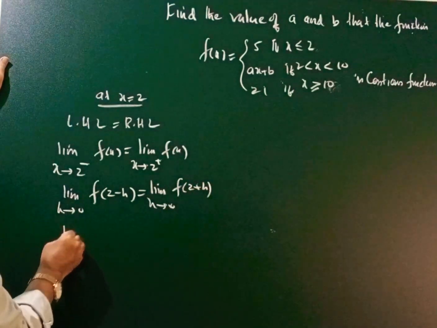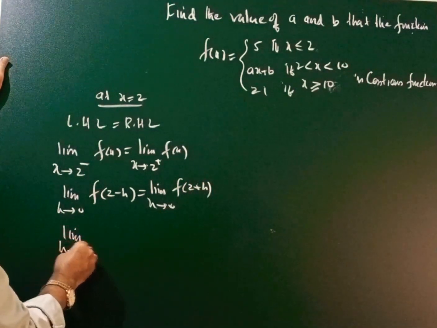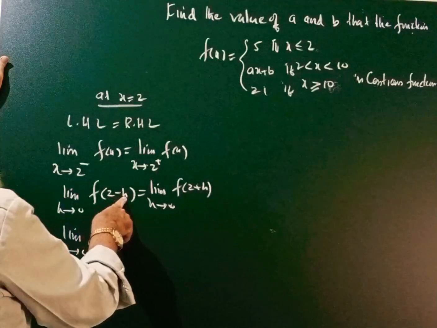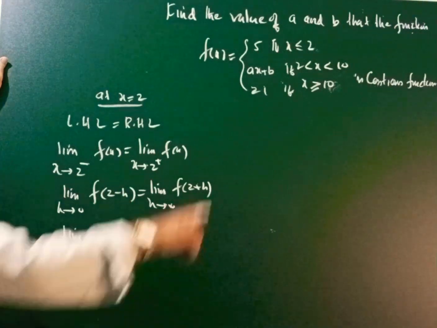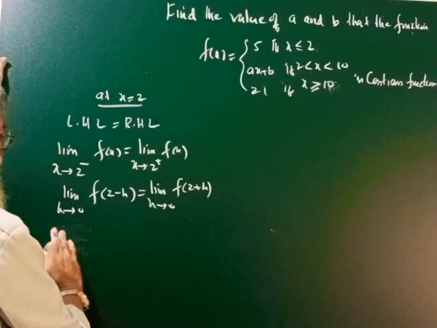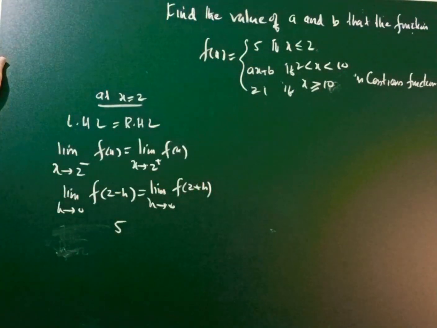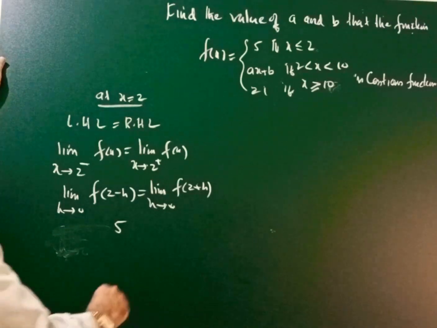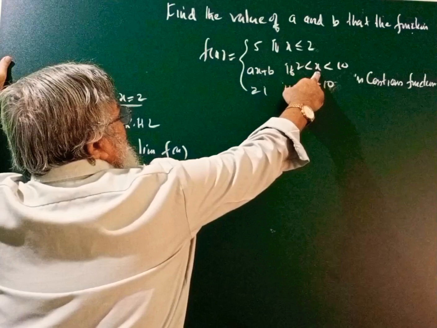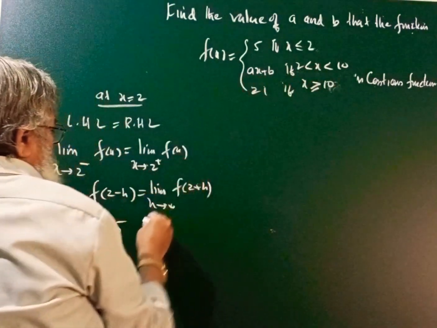Now we can write this as limit h tends to 0, 2 minus h is less than 2, so the first condition applies, and the direct value given is 5, because for x less than or equal to 2, 5 is the value given. Now for x greater than 2, this value is available.